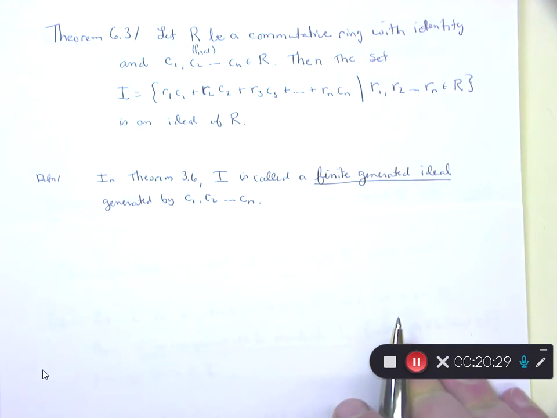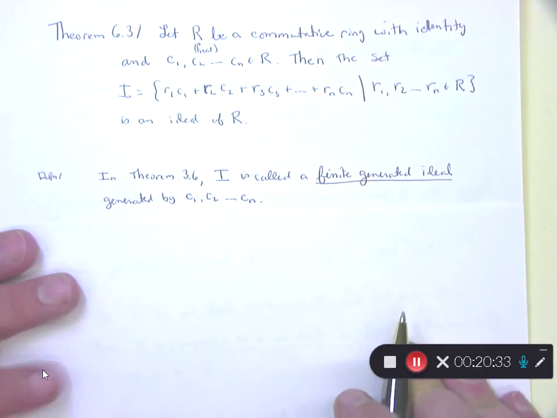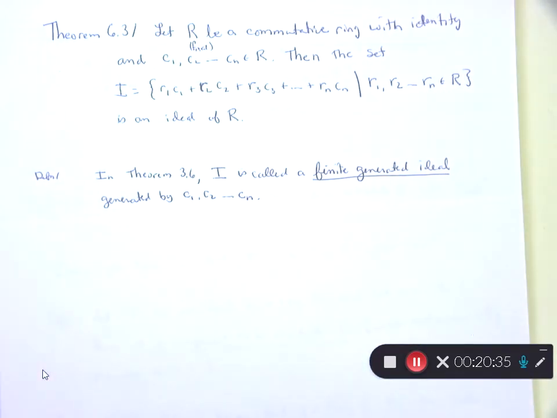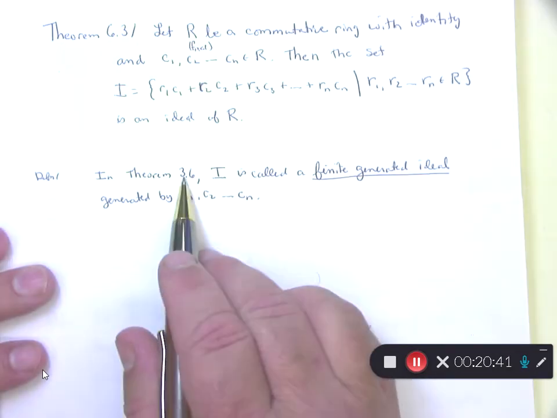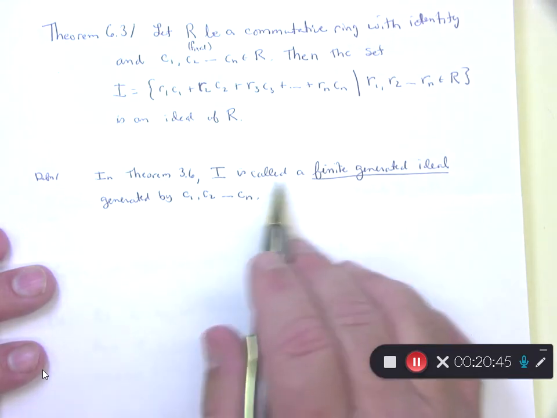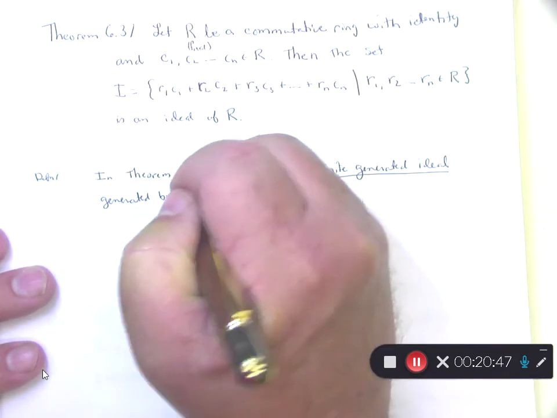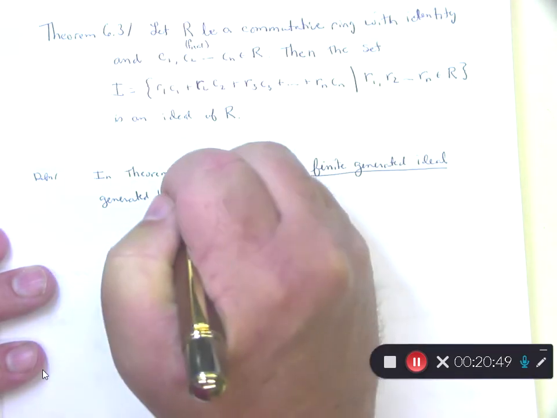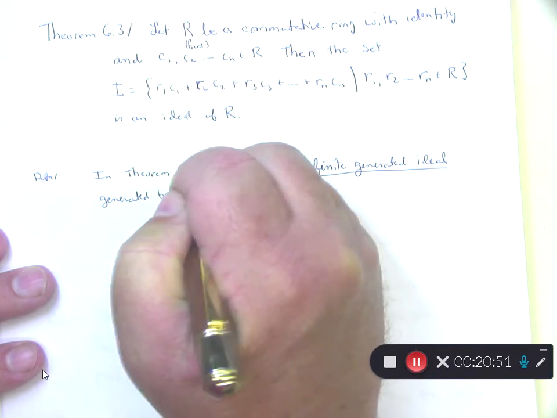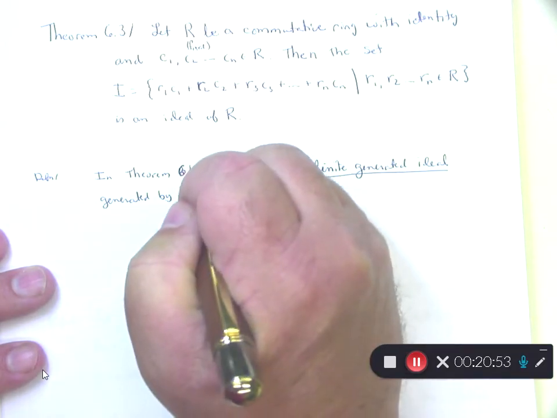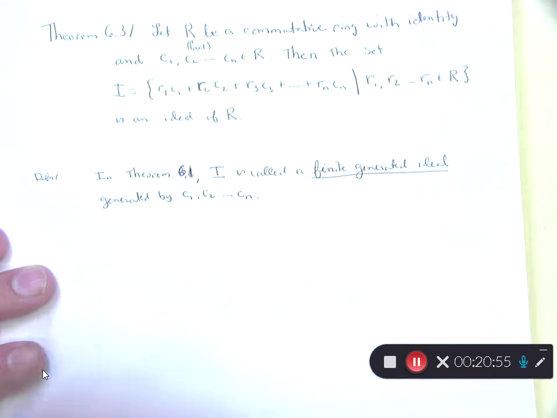So it's pretty much just like the proof of Theorem 6.2, except we have multiple terms on here. This is, again, a definition. We actually use it in Theorem 6.2 and 6.1, so I'll just quote it as 6.1.